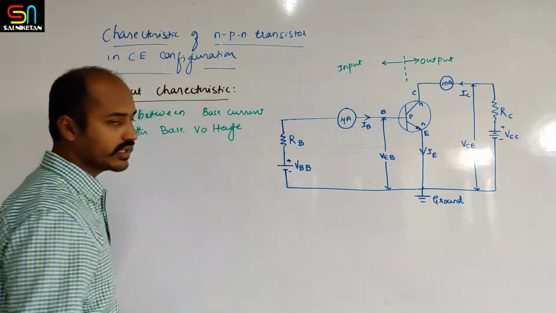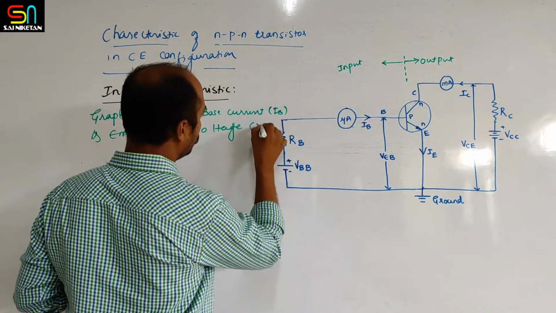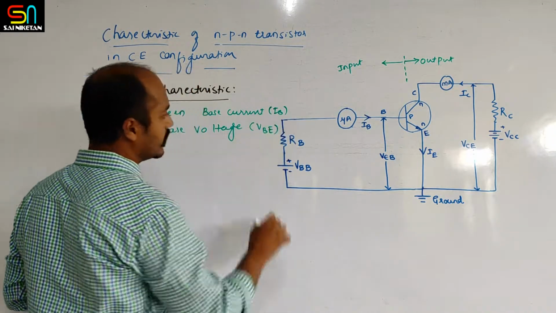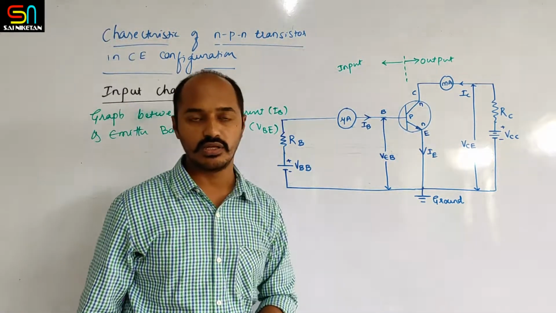If you draw the graph between IB and VBE, whatever graph you obtain is called the input characteristic.